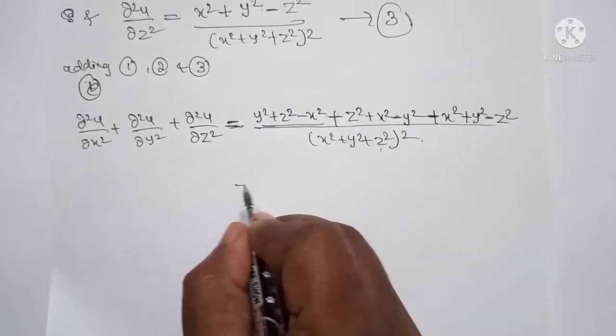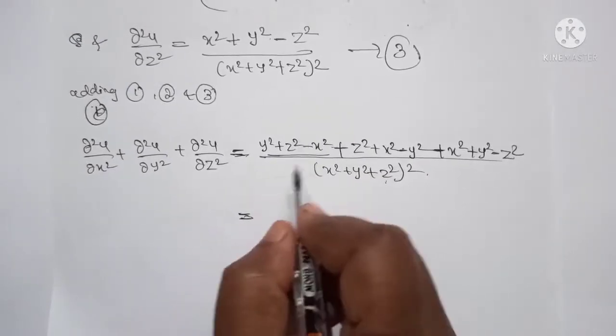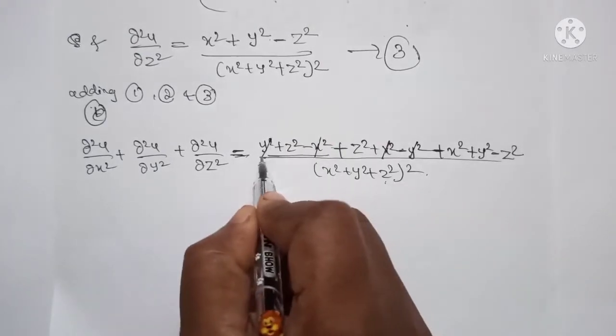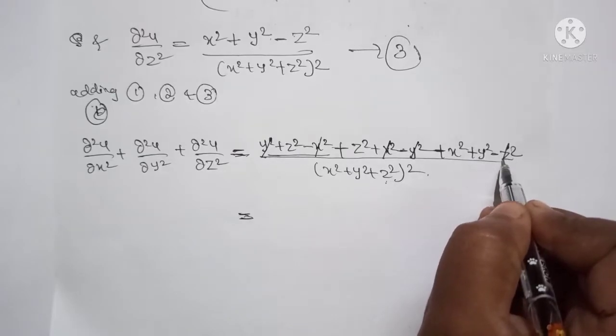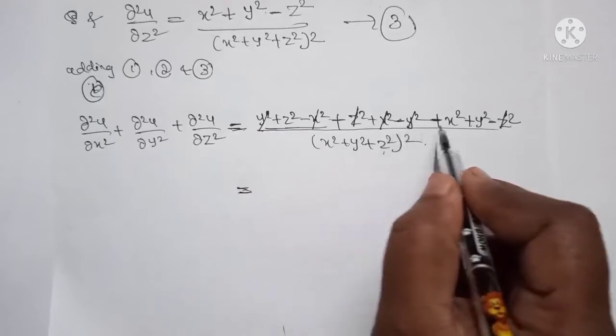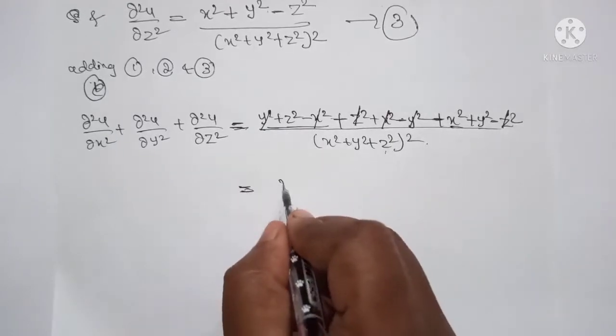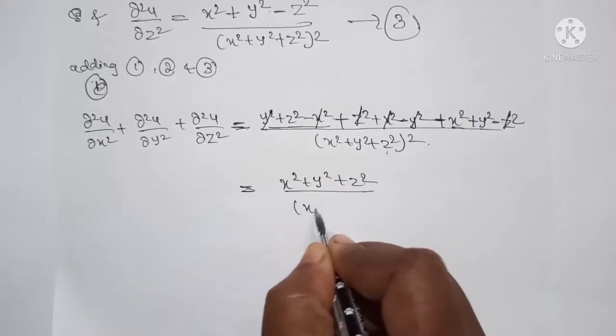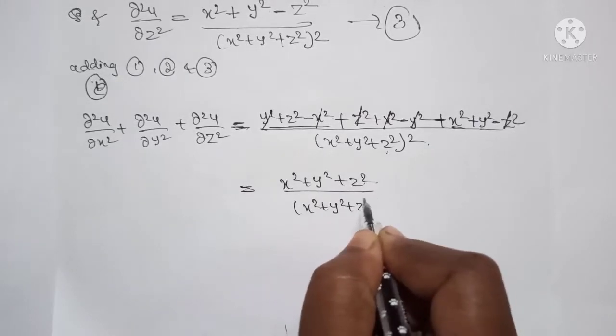Now simplifying this, plus x square minus x square cancels, plus y square minus y square cancels, plus z square minus z square cancels. So we get one term of z square, one term of x square, one term of y square, that is x square plus y square plus z square divided by (x square plus y square plus z square) whole square.